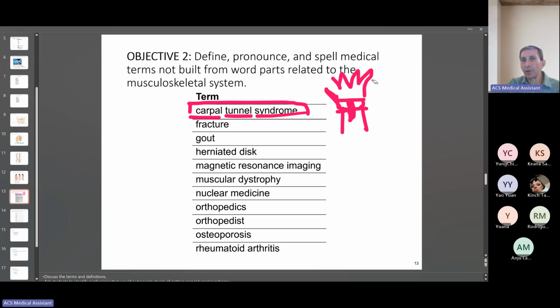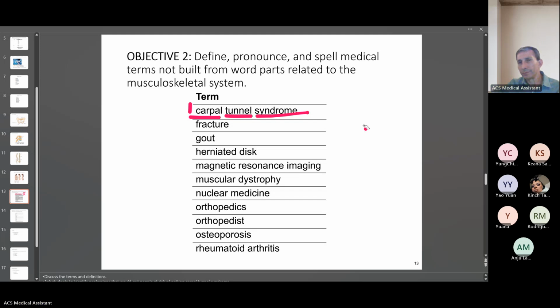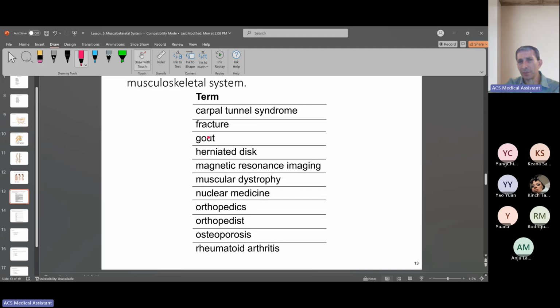Okay, next we're going to have fracture. What is fracture? A broken bone. If the bone is broken in any form, because there are different types of fractures, the only thing that we care about is that there is a fracture right there and something has to be done.